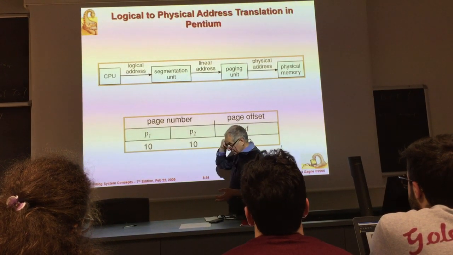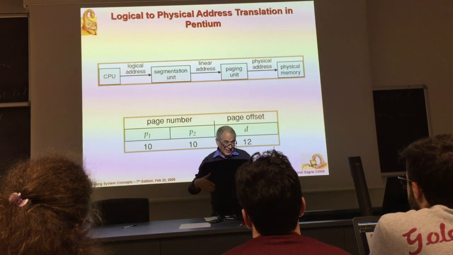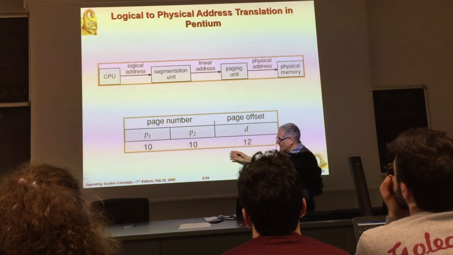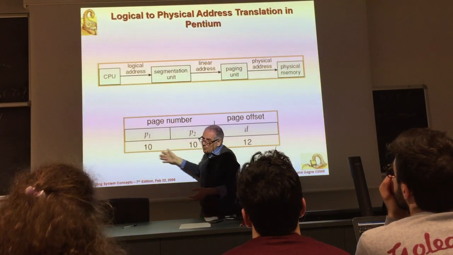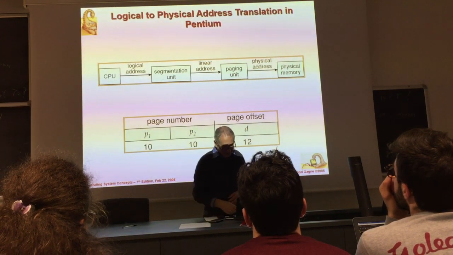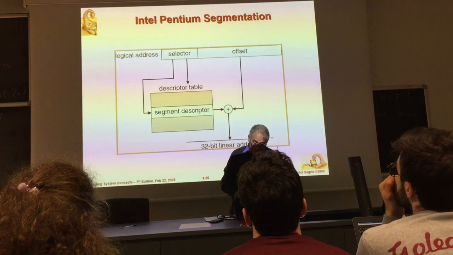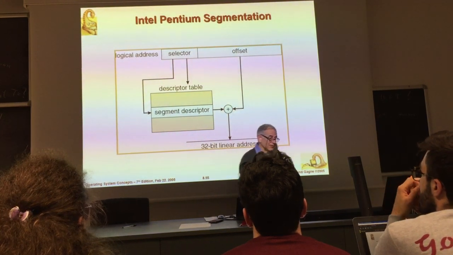And at the second level, there are 256 entries of 4 bytes. So you have 1 million possible pages. It's large enough.